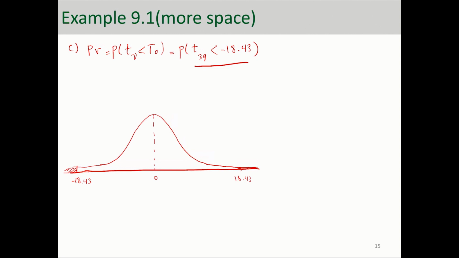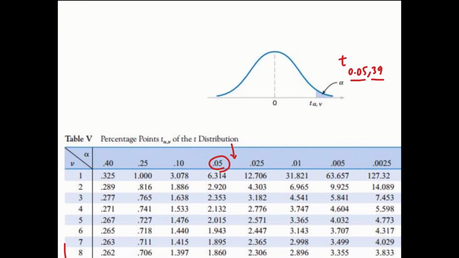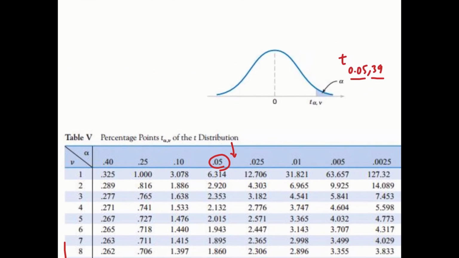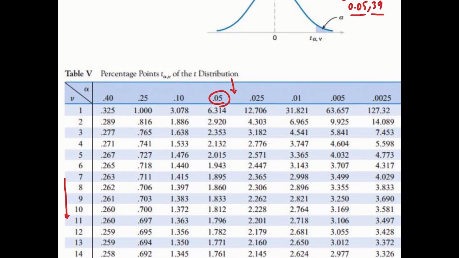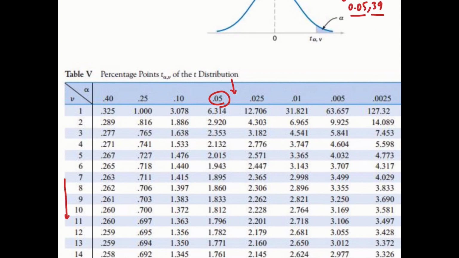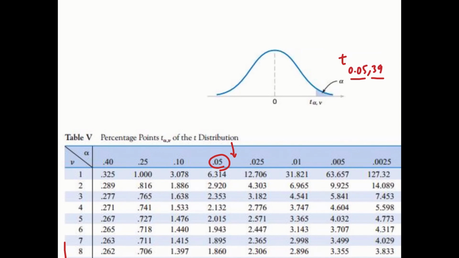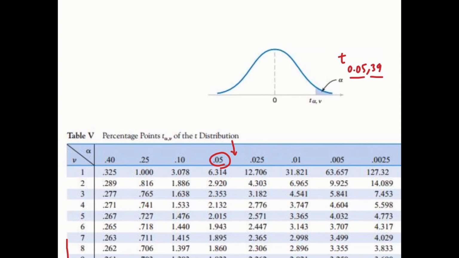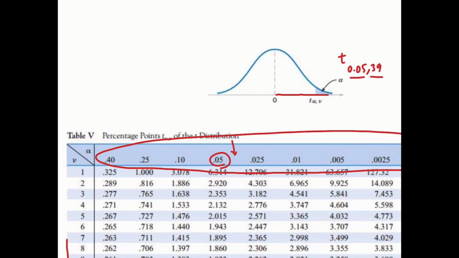I'm going to go back to the t-table and show this to you. When you look at the t-table here, you've got to go to the 39th row and look at the numbers there. The numbers that you're looking at on the 39th row are the numbers on the graph, essentially, to the right of the graph. And the probabilities on the first row, as we discussed earlier, are the probability to the right of these numbers.